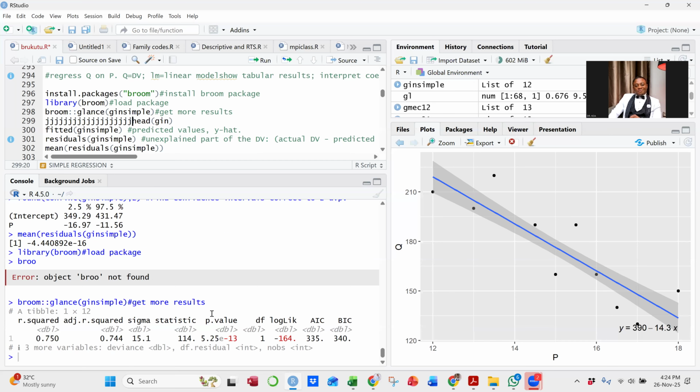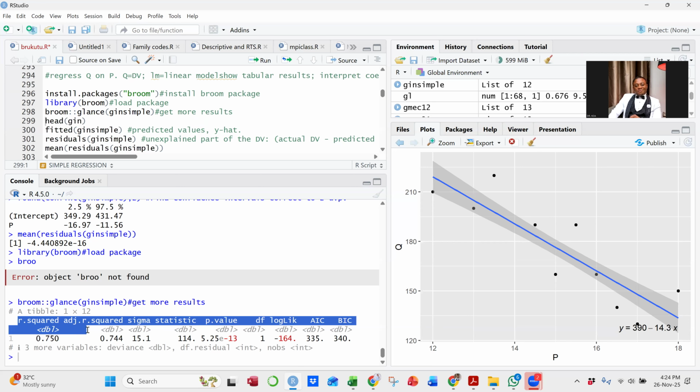So this is my Broom. If you look at my Broom here, it gives you the R square adjusted, and it also gives you the R square, the sigma, the statistic. It gives you the p-value. It gives you the degrees of freedom. And guess what?